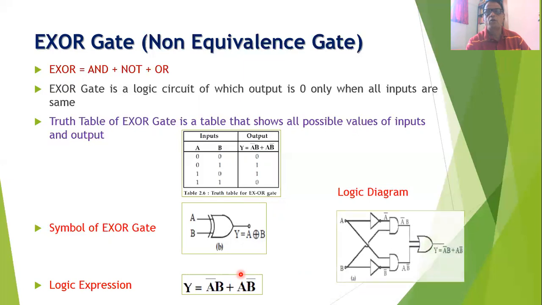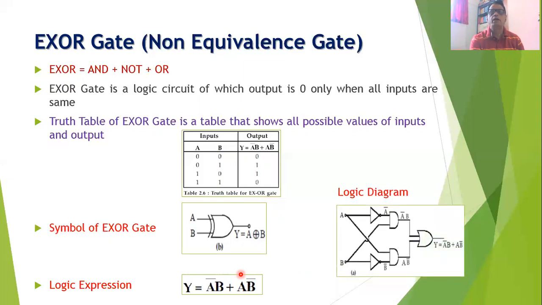Now we can construct the logic diagram for the exclusive OR gate by using AND gate, NOT gate, and OR gate. Now suppose this is the input A. Input A is connected to the NOT gate, of which the output is A bar. The output is connected to an AND gate. Another input to this AND gate is B, and therefore the output of this AND gate is A bar B. Now there is another input B connected to a NOT gate, of which the output is B bar.